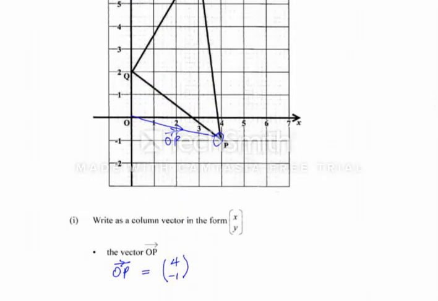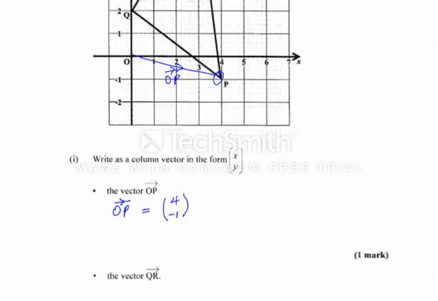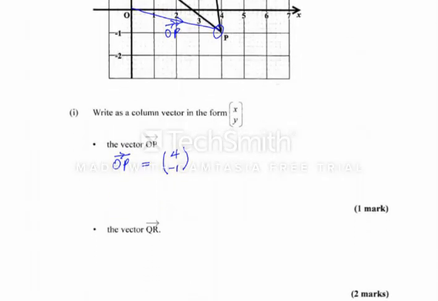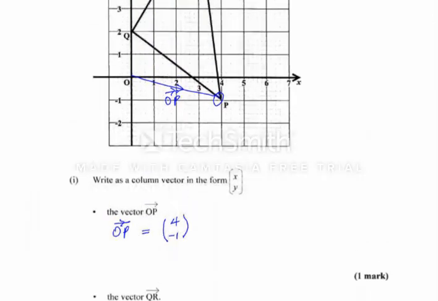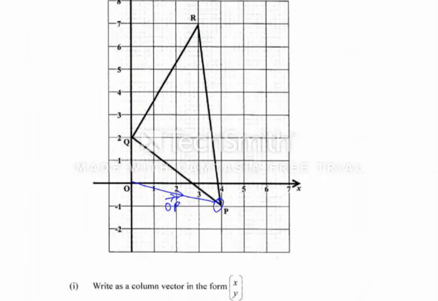All right, we need the column vector QR. This is the vector QR, so let's get it from counting. To get from Q to R, you have to go 1, 2, 3 units to the right, and 1, 2, 3, 4, 5 units up.